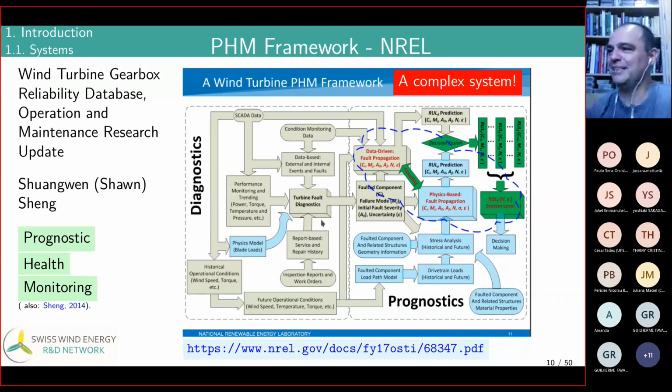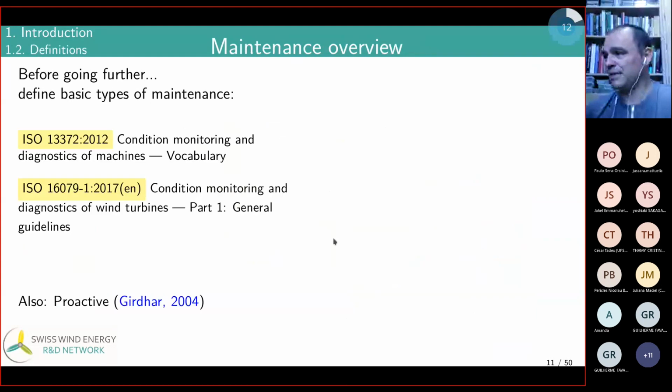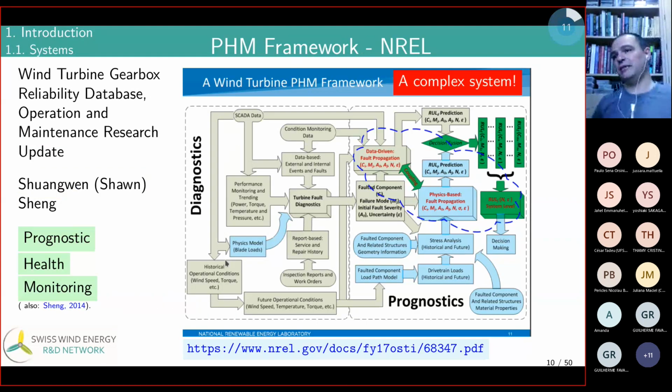Oh, okay, there are lots of boxes here. There are lots of arrows pointing everywhere. It is a complex system, right? And then we see that this is a very complex topic because we're trying to gather lots of science and engineering together.